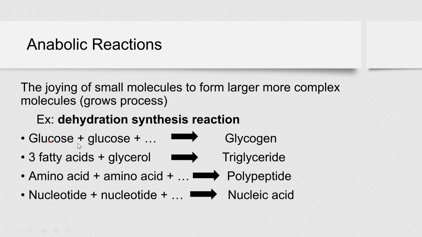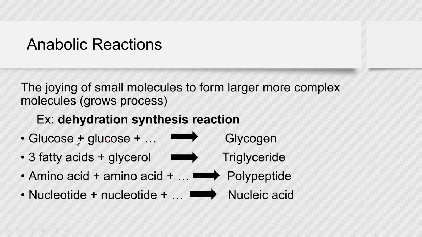For example, glucose molecules form glycogen. This happens inside your muscle cells and inside your liver cells. When you have extra glucose in your bloodstream, you remove this glucose from your blood and move it inside your liver and your muscles, and you use glucose to power your muscles and to power your brain.